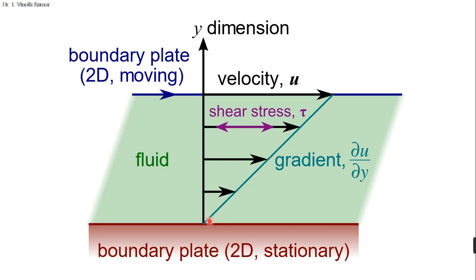There is more resistance towards the bottom, because this is a boundary layer, this is the static layer, and this is the moving layer. That is why the velocity is higher on the top. Due to the resistance, or the shear stress tau, a gradient will be formed.